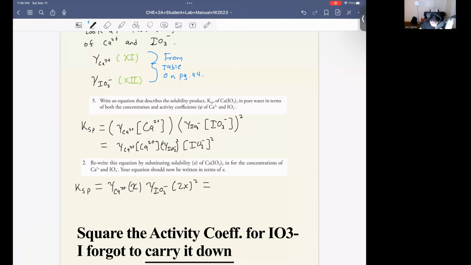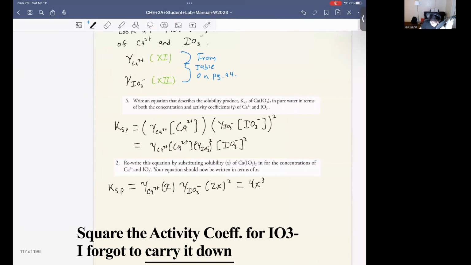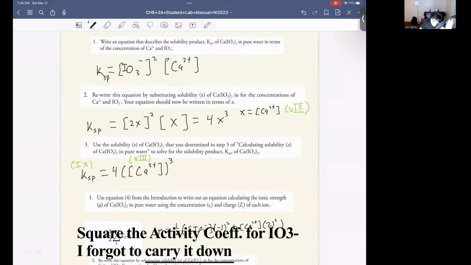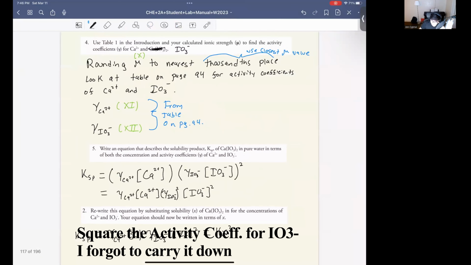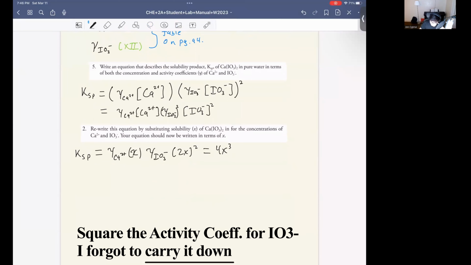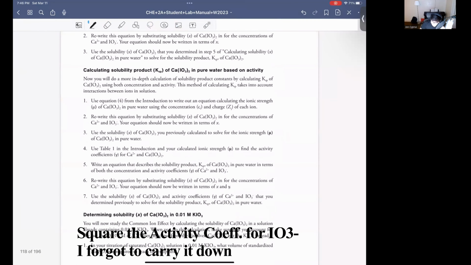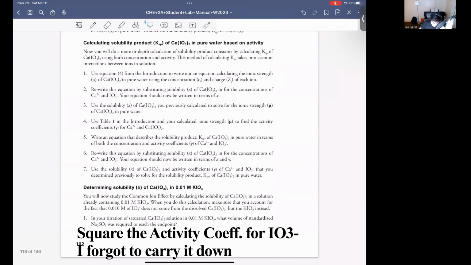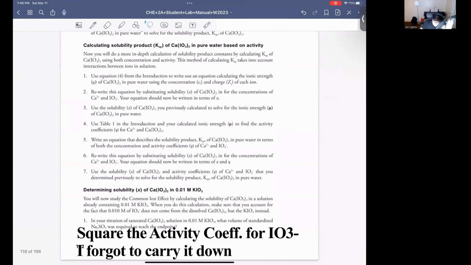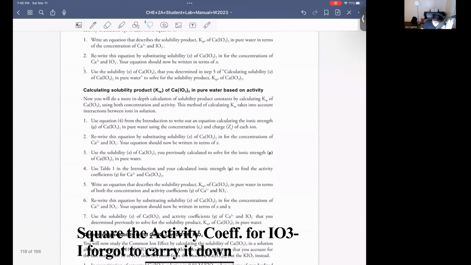All right, and if you simplify this, you end up getting, as we did before, 4x cubed, right, from the number 2 here, from number 8, times these two activity coefficients. And then you're just going to go ahead and plug in the numbers.